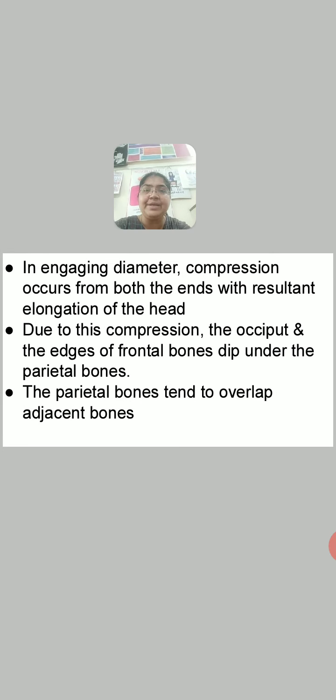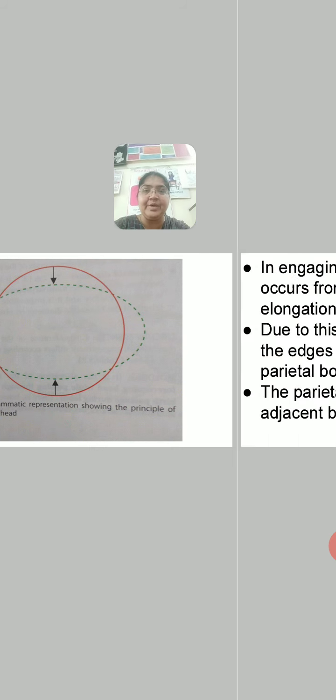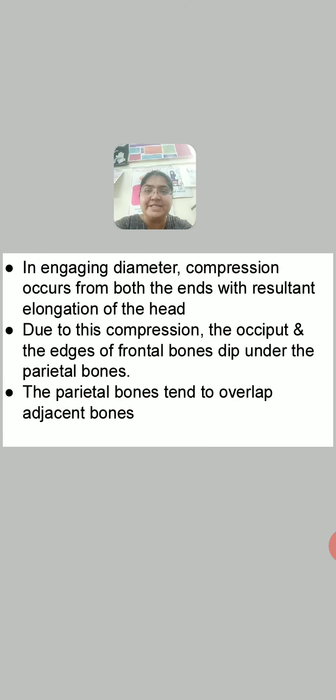In engaging diameter, compression occurs from both the ends with resultant elongation of the head, which I just showed you in this diagram, right? From both sides, or from anterior and posterior side, compression occurs towards the inside. So resulting elongation will occur of the head.